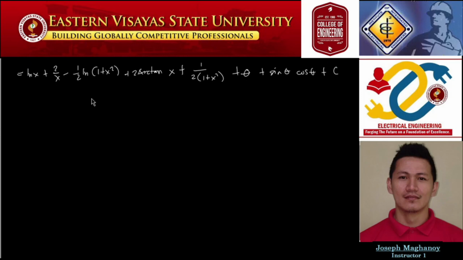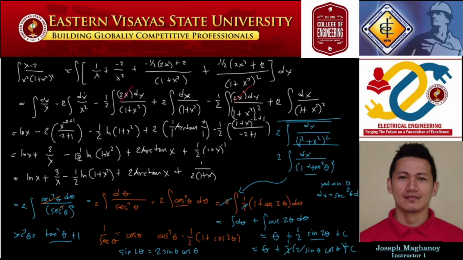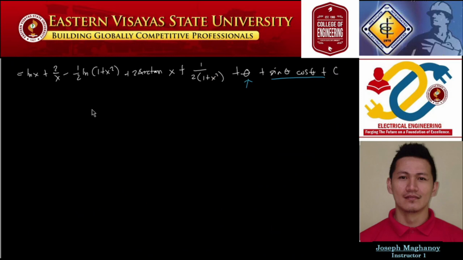Okay, so this is our answer, but we still need to find the values of theta, sine theta, and cosine theta for our final answer. If we recall in our derivation, in our equation 2, we assumed x equals tangent theta, so we can use this to determine the values.